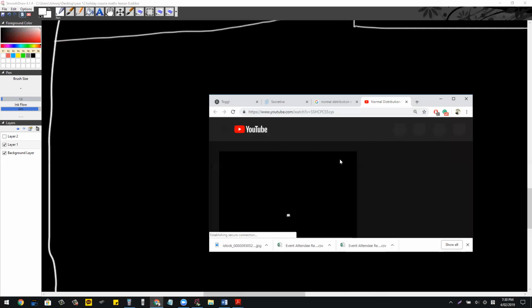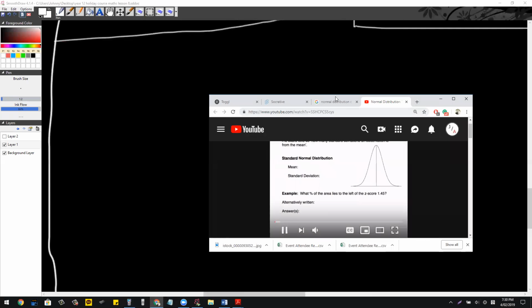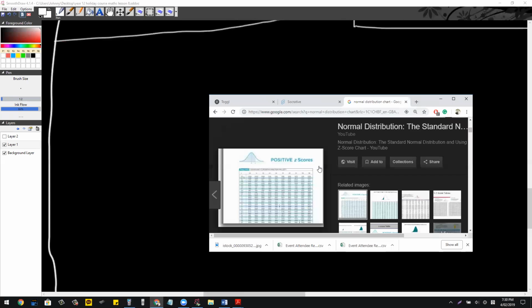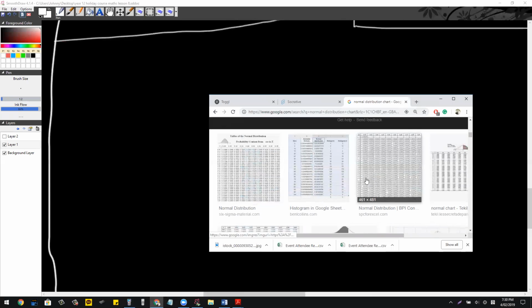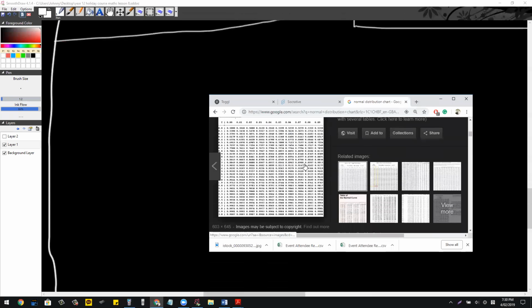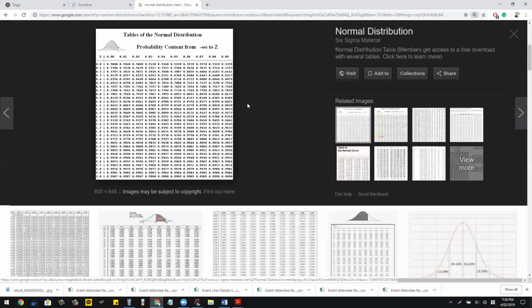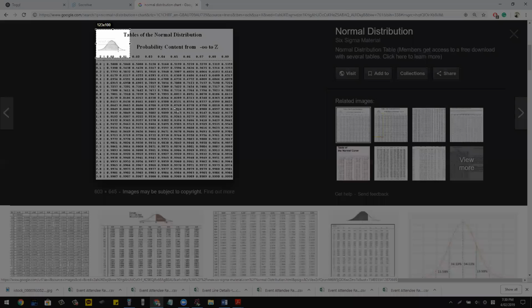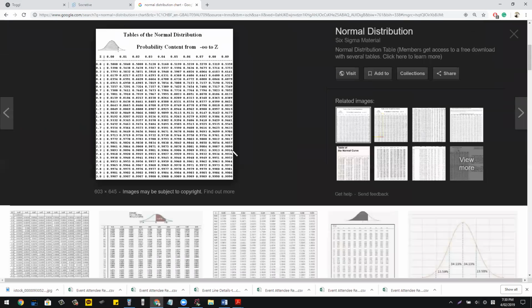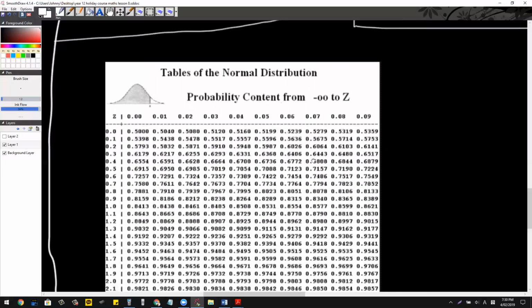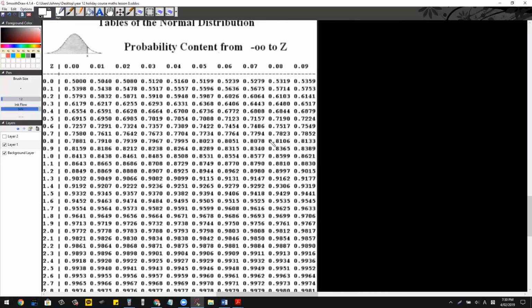So we're going to be using this table. Okay. Here's the table. And here's the problem.